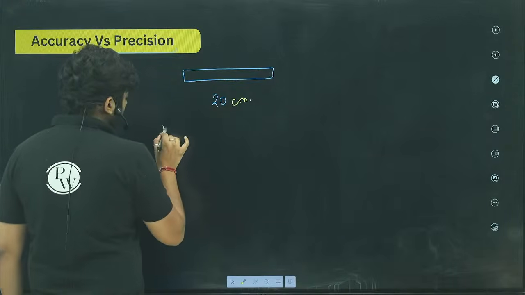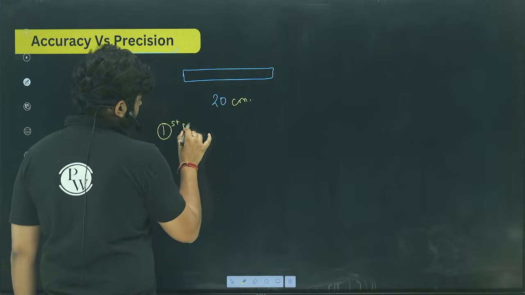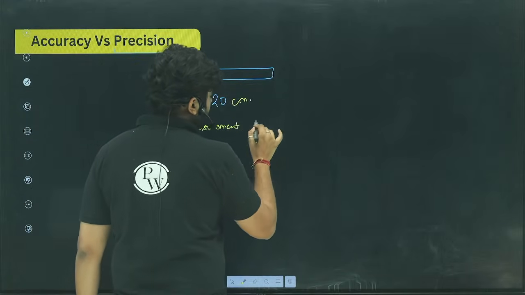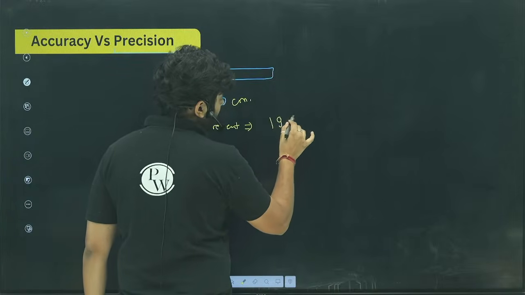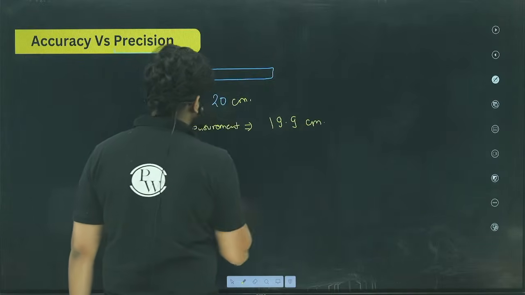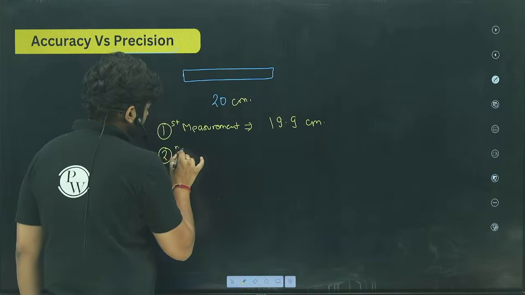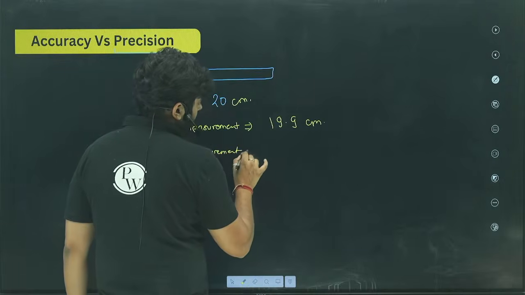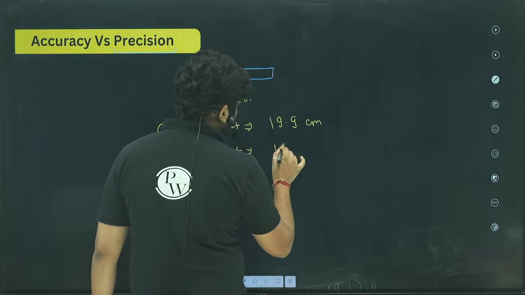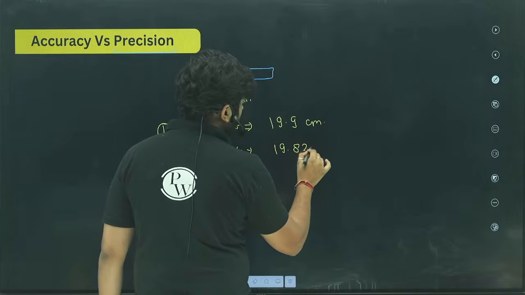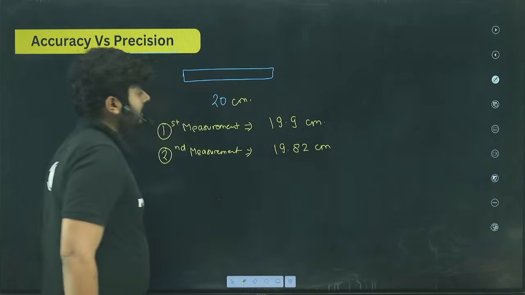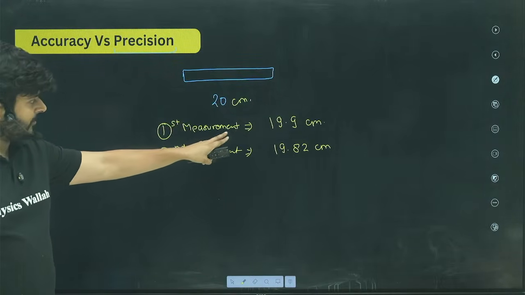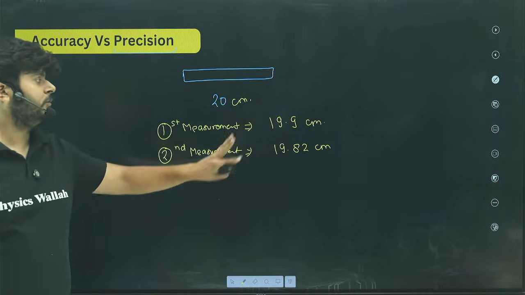First measurement is 19.9 centimeter, right? Second measurement is 19.82 centimeter, right?